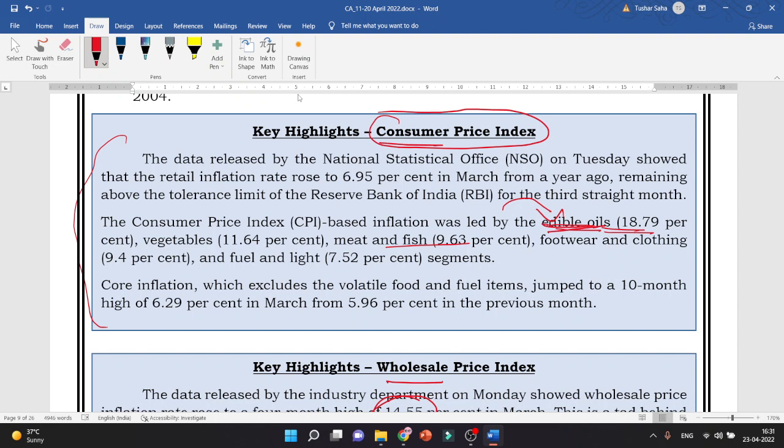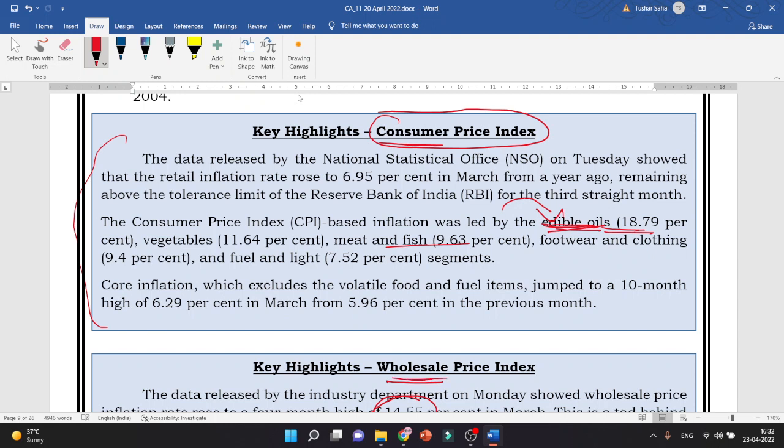But what if the price increases only in the wholesale market and not in the retail market? It happens, right? Many a time manufacturers will accommodate some losses, or you can say they will reduce their revenue, and they will try to keep the price stable.